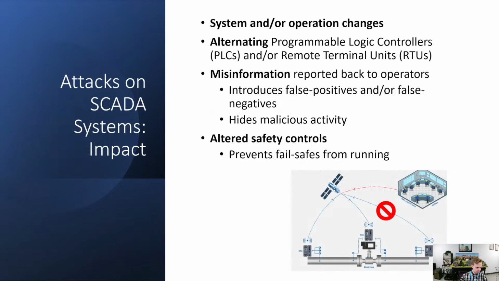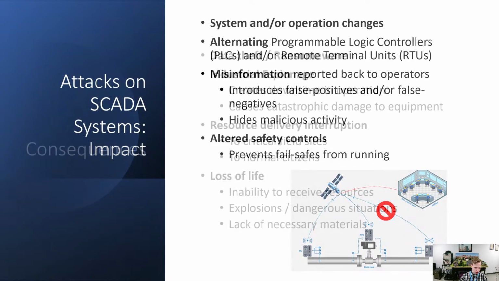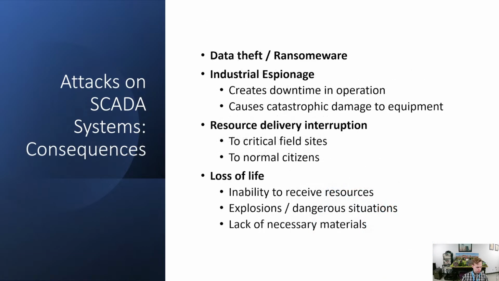Cool, and we covered this slide about what happens when one of these systems is attacked. And after or during one of these attacks, what are the consequences? Could it have things like data theft and ransomware, as these systems would be able to be compromised? It also could be a result of industrial espionage.